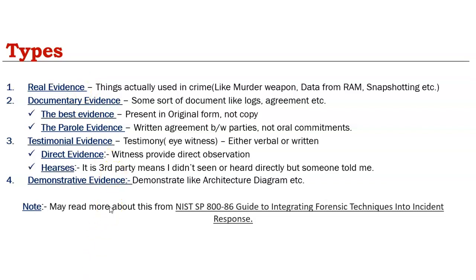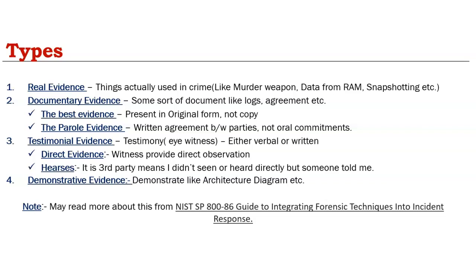There is testimonial evidence. Testimonial is an eyewitness who confirms that I have seen this or I have noticed this. So either verbal or written evidence is testimonial evidence. There are also two types: direct and hearsay. Direct is where the witness provides direct observation, and second is third party, where I did not see or hear directly, but someone told me. So when the police submit a report that someone committed a crime, it is hearsay.